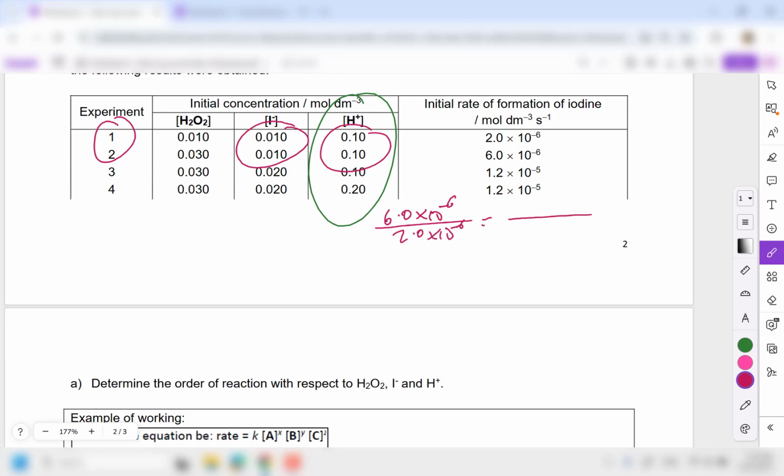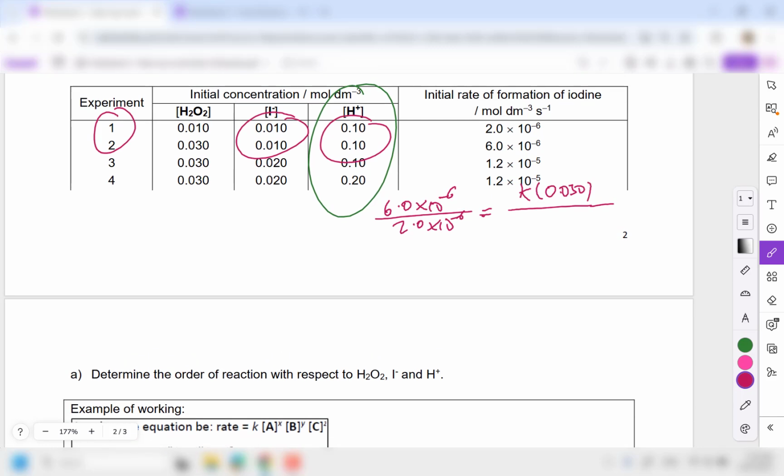Okay, then the rate constant, this is k, right? And H2O2 is 0.030, let's say I raise it to x, for example, and then I minus and H plus are the same, raised to y, and then 0.10 to z. Okay, so I'll do the same.